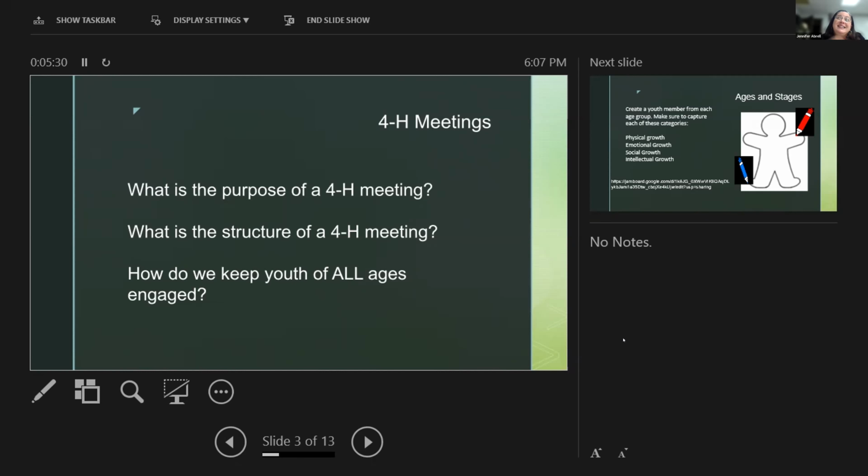So that leads right into the structure and what we typically think, and it's not a hard and fast rule, but a lot of times new leaders just want a little guidance on, okay, how do I structure this 4-H meeting? So we kind of think of it in thirds, right? Where each of those elements I just talked about maybe are about a third of your meeting.